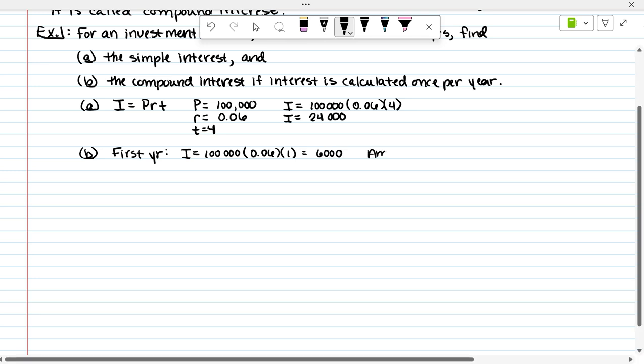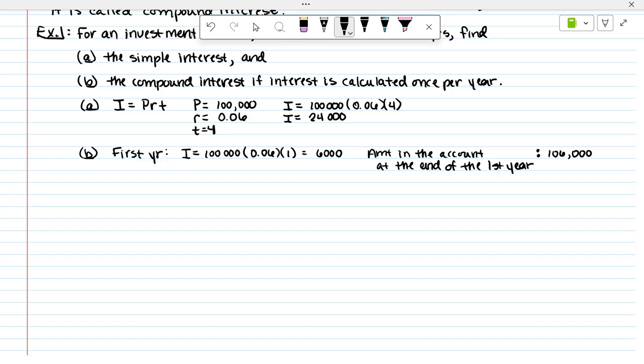Okay. So what's the amount in the account at the end of the first year? $106,000. Good. Guys, that's your new principal for the second year.